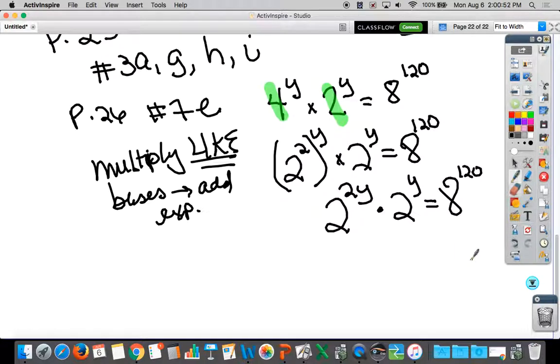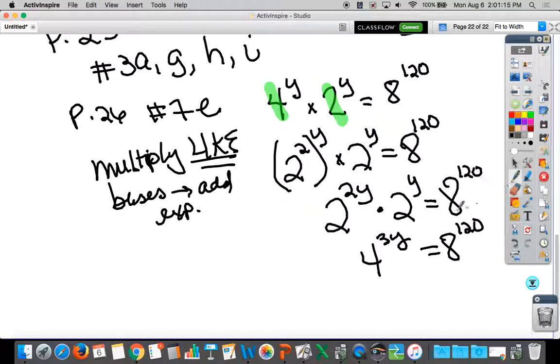Now do I have like bases? So I can do this. Is that right? I know it's 2. It should be 2 to the 3y.